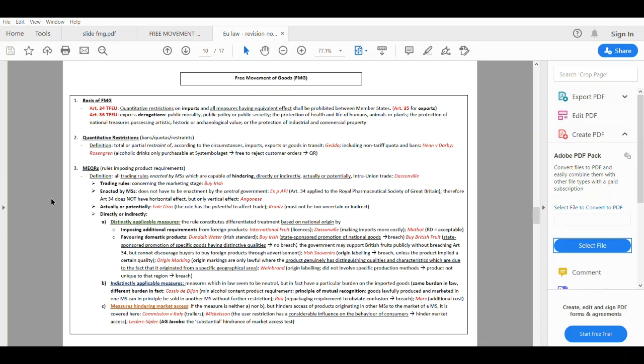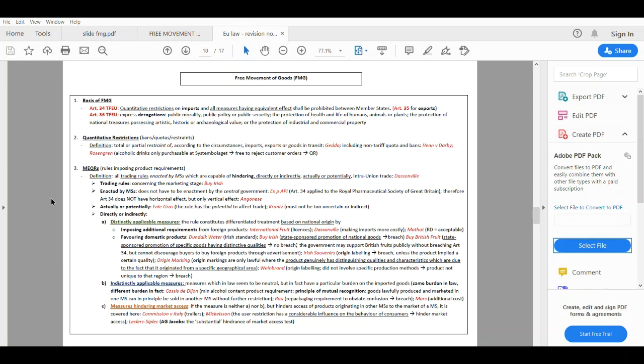The first exception is public morality, and there are very few cases where this ground has been pleaded. Article 36 conferred discretion on the member state to set their own standard in relation to public morality, provided that no lawful trade in such goods was allowed within the member state.